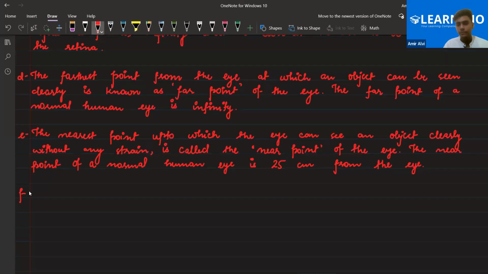Suppose two objects are placed at 25 centimeter. That distance, 25 centimeter, is the minimum distance at which objects can be distinguished easily. They can be seen as two different objects without any constraint on the eye, right? Yes. Let me write it.